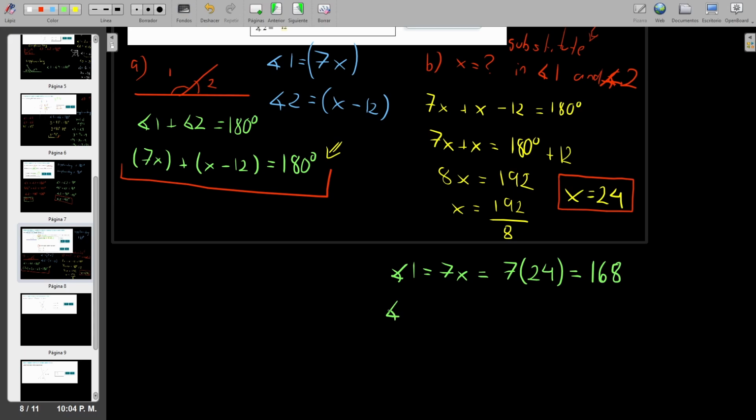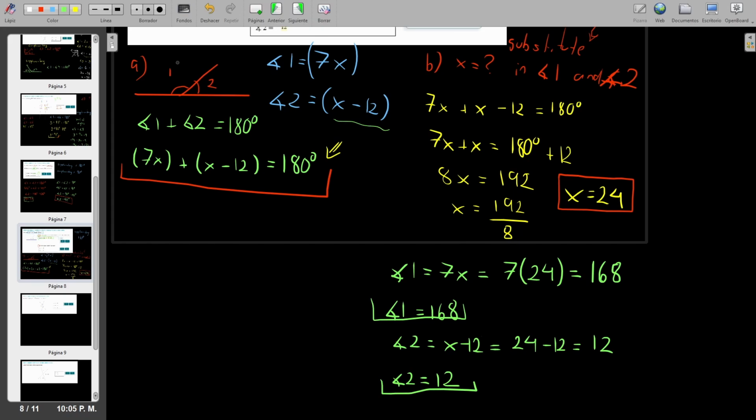So we put it right here, angle 1 is 168. Now for 2, angle number 2 is going to be how much? Correct, x minus 12. We continue, x is going to be 24. 24 minus 12 is how much? 12, right? Angle 2 is going to be 12.